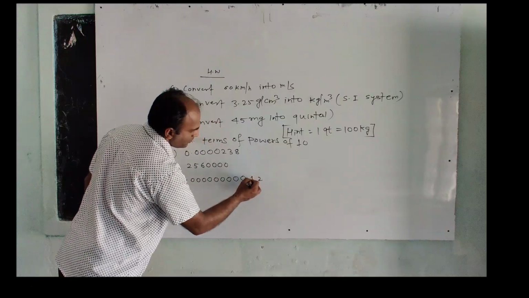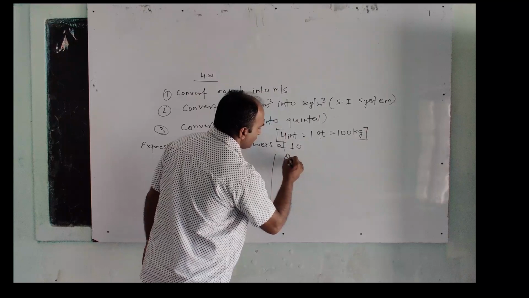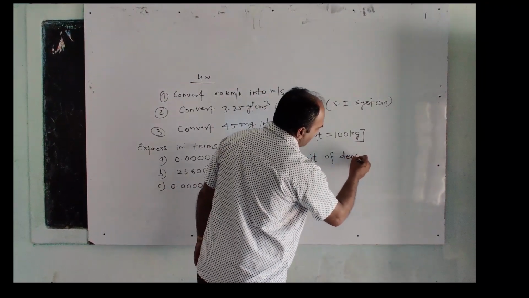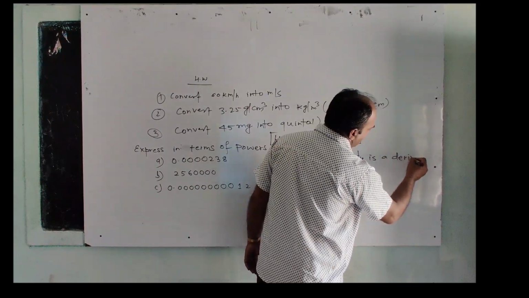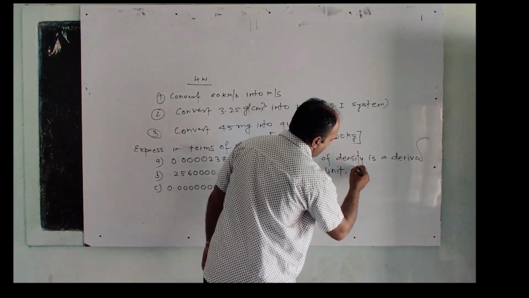Number 2: unit of density is a derived unit. How?